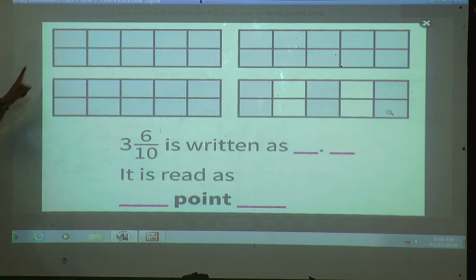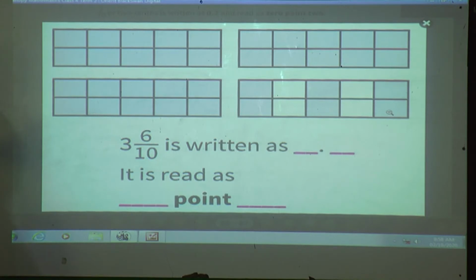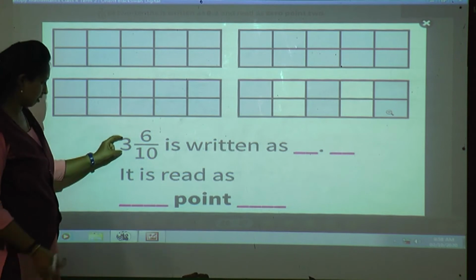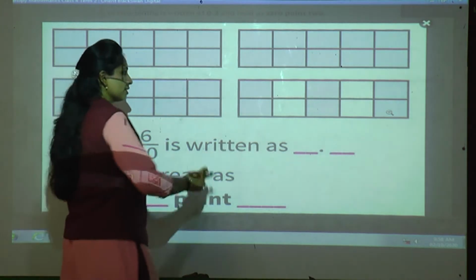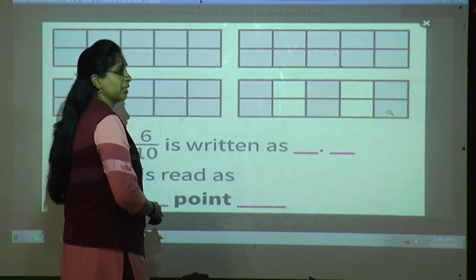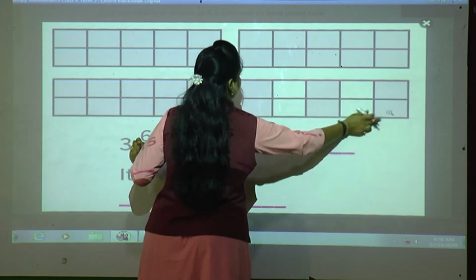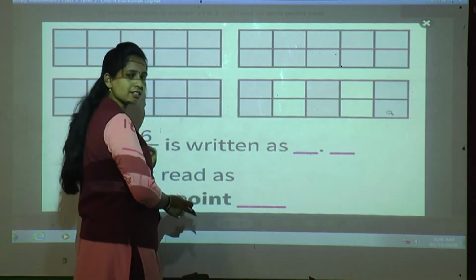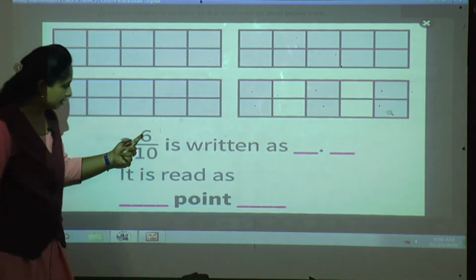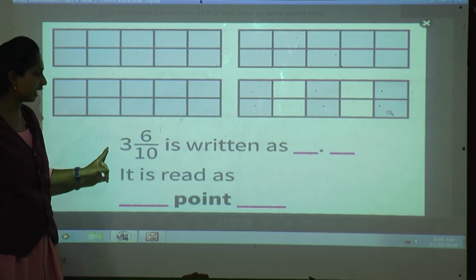Now there are 4 rectangles. Out of that, how many are colored fully? 1, 2, 3. So total 3 whole parts are there. Now in the last rectangle shape, how many parts are colored, out of how many parts? Total 1, 2, 3, 4, 5, 6, 7, 8, 9, 10. Out of 10, how many parts are colored? 1, 2, 3, 4, 5, 6. So 6 upon 10. Now this mixed fraction, how can we write?